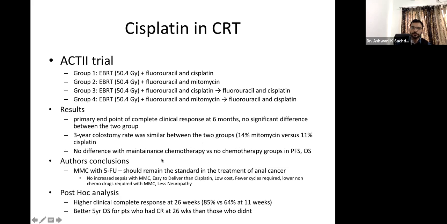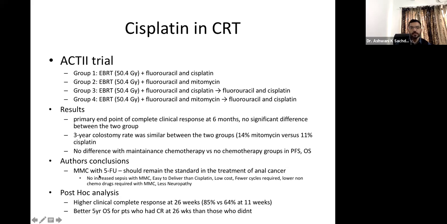There was no difference on addition of maintenance chemotherapy after finishing radiation. So in this trial, cisplatin-based and mitomycin-based chemoradiation are similar in all aspects, and there was no use of adding adjuvant maintenance chemotherapy.